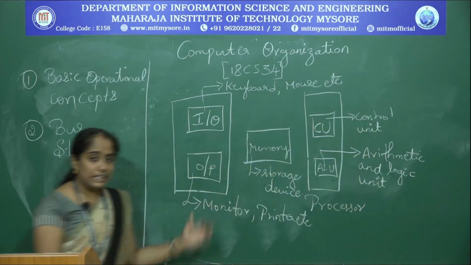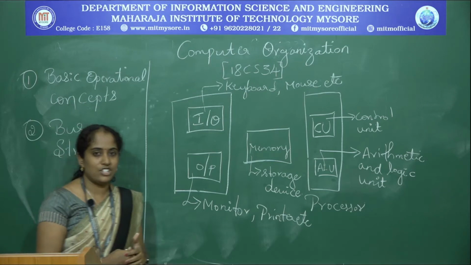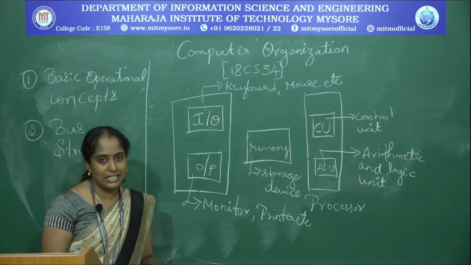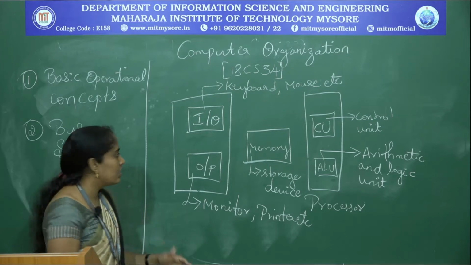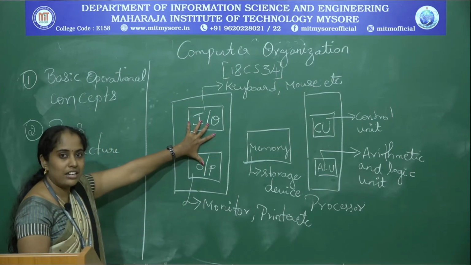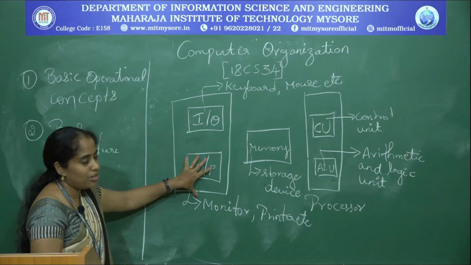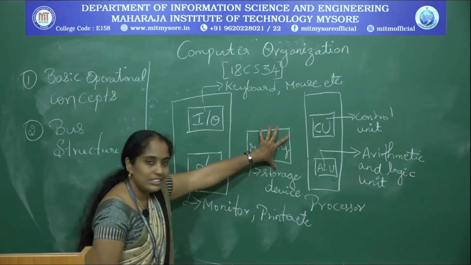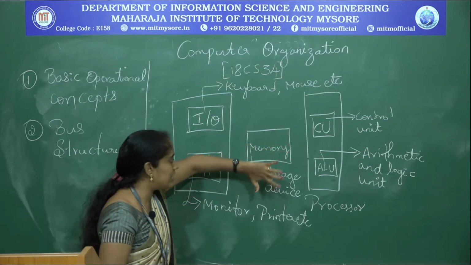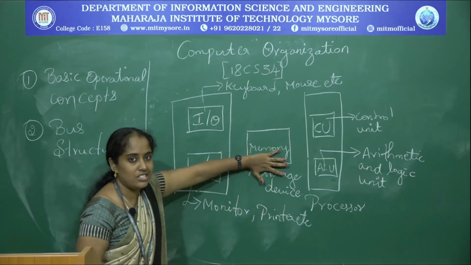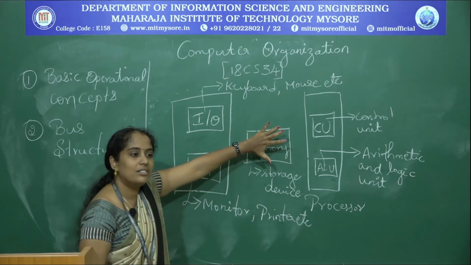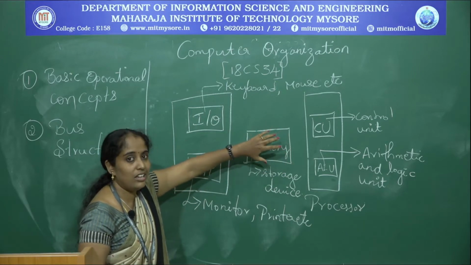In this computer organization subject, in the first module we are studying only the basic things. In the second module we will study the input and output devices and input output operations. In the next module we will study the memory operations and circuits and different operations on the memory.